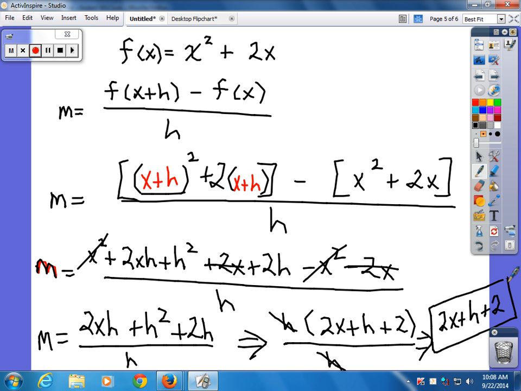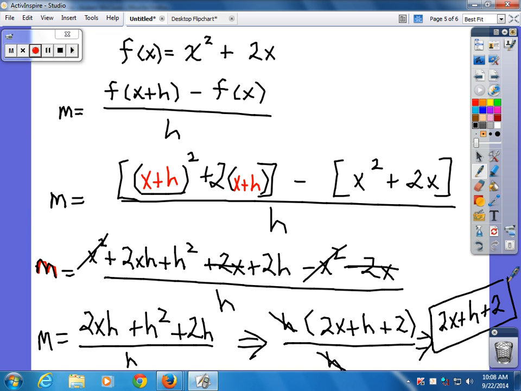Now as I do the limit as h approaches 0, what happens to the h? It's going to cancel because what's 2x plus 0? 2x. So 2x plus 2 is your answer.